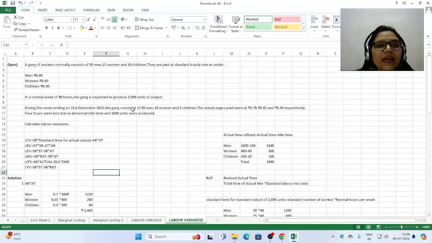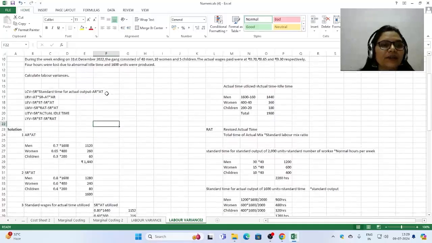And now this is actual composition 40, 10 and 5, and actual wages are given, and it has been specifically mentioned that 4 hours were lost due to abnormal idle time and 1600 units were actually produced. So 2000 units were standard output, and this is your 1600 units.